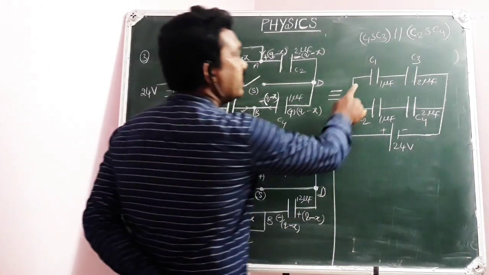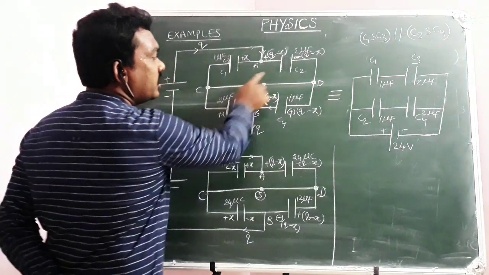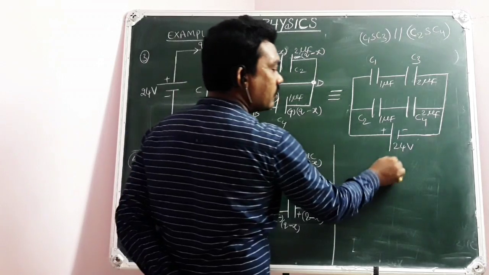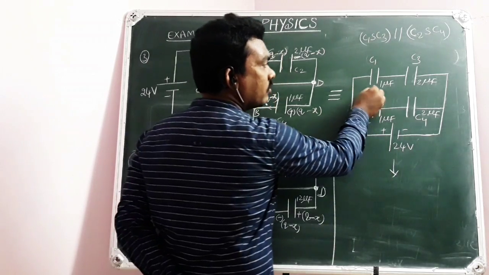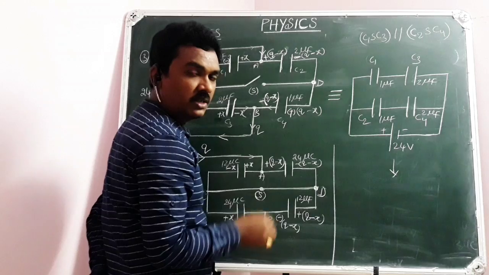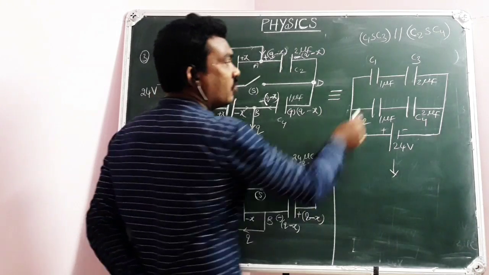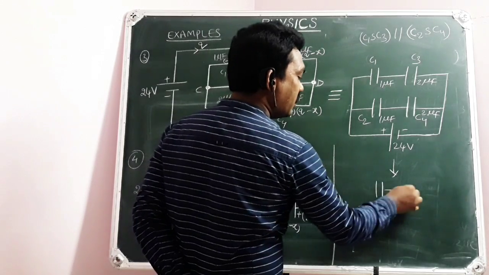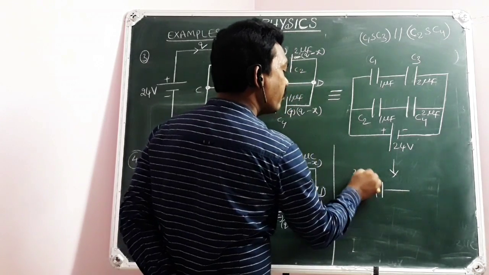So here C1, C3 are in series, and C2, C4 are in series in this way. If you draw the equivalent circuit, for the series combination, C1 C2 by C1 plus C2: 1 into 2 is 2, by 2 plus 1, 3. So it is 2 by 3 microfarad.